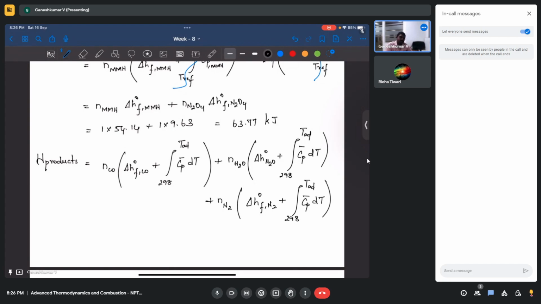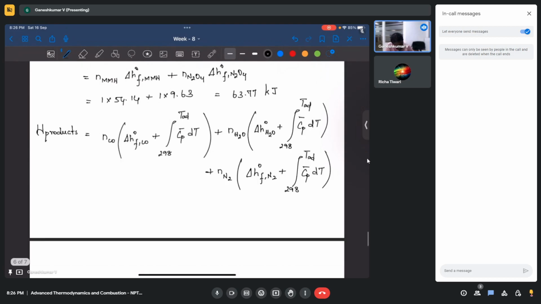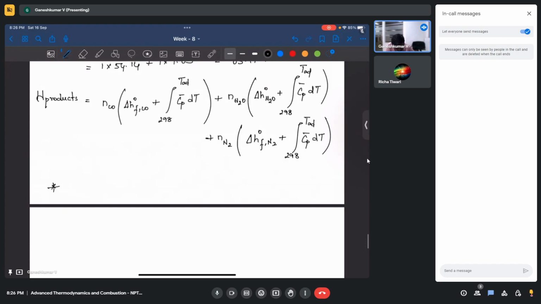Now, actually Cp should be a function of temperature, but solving that by hand is going to be difficult. We are using a computer, so we can use it. For this case, assume that Cp is not a function of temperature.